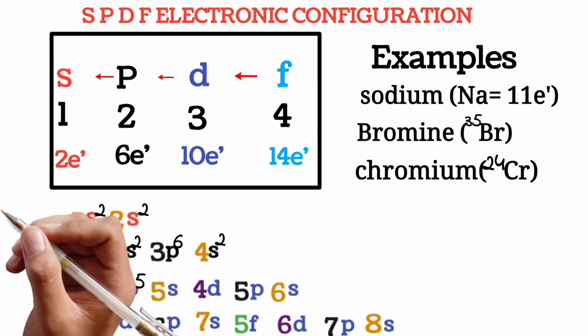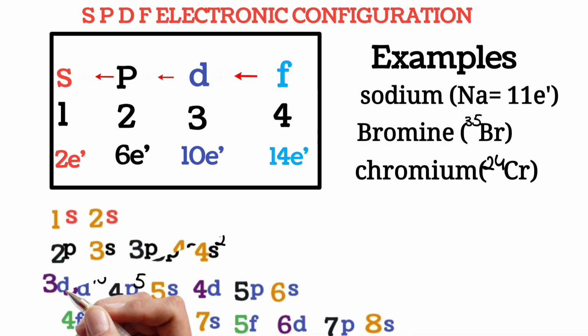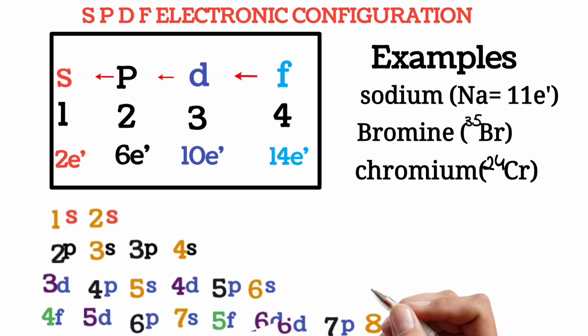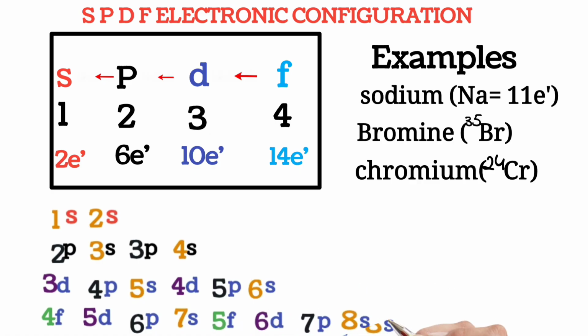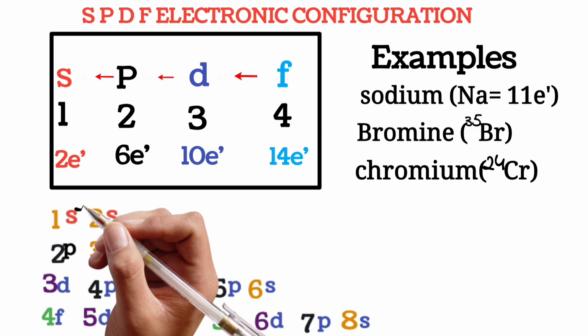Let's look at the next example, which is chromium. There's an exception with chromium and copper when it comes to this electronic configuration. I'm going to explain as we proceed.